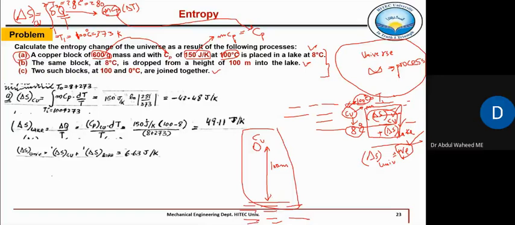So in this case, what will be the entropy change of copper? The general equation is delta Q by T. Now during this process, on the copper side, is there any heat transfer? Assuming they haven't said anything about air friction, we are neglecting air friction. If we neglect air friction, will there be any heat transfer?